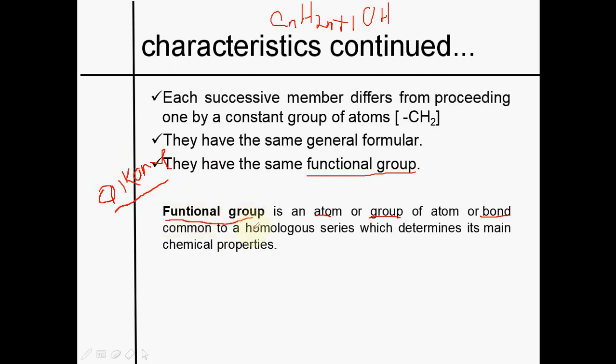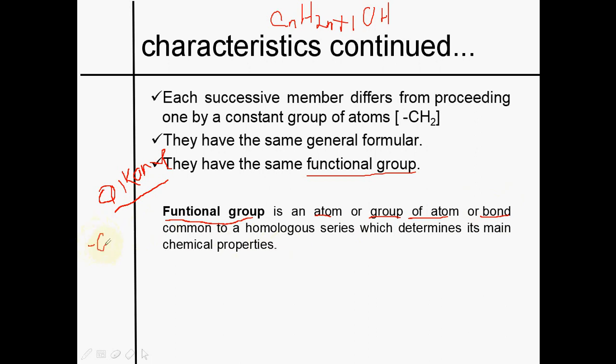What's the functional group we can give for alkenes? We said it could be an atom or group of atoms, or a bond that is common in any given homologous series, and that's the one that will undergo a particular reaction.